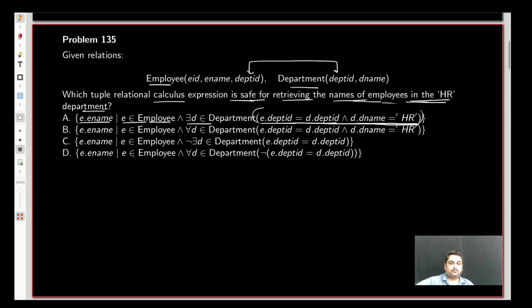Whichever tuples match these will be selected, and then we are selecting the employee name from it. So this is correct. Here they are saying for all, but they are not asking for all here. They are saying names of the employees in the HR department. If I use for all, what will happen? It means all the employees should be in the HR department, which means there is only one department in the company, the HR department. So this is wrong.